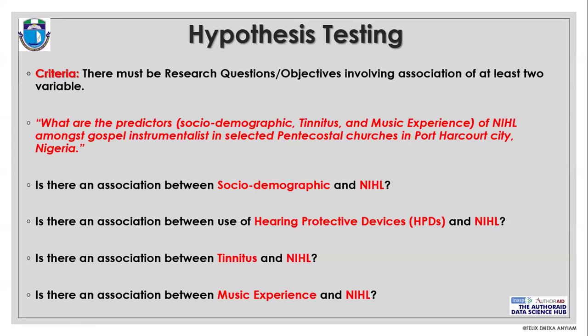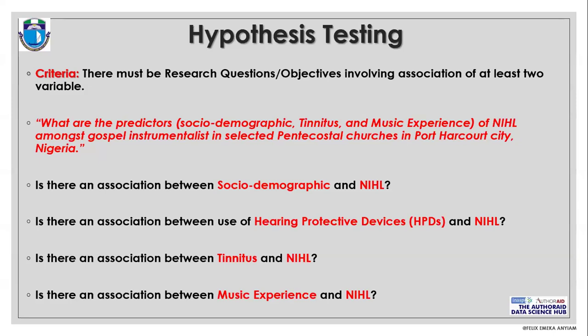Hypothesis testing comes in when you want to see how the independent or the explanatory variable influences the dependent or the outcome. You will not have a hypothesis testing if you are not checking association or relationship of two variables.